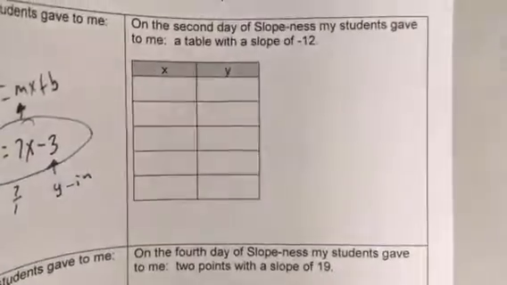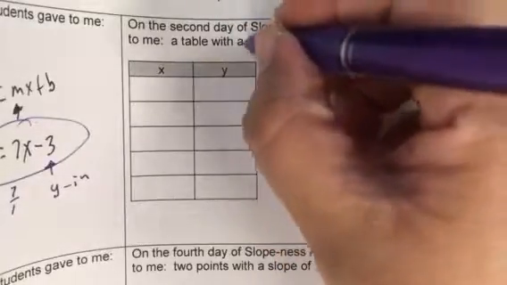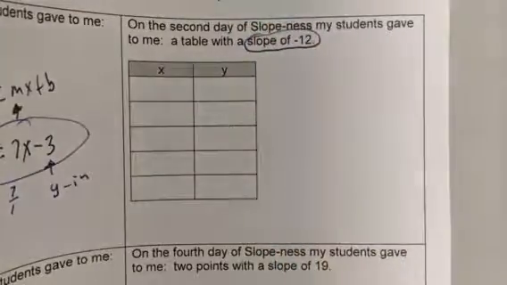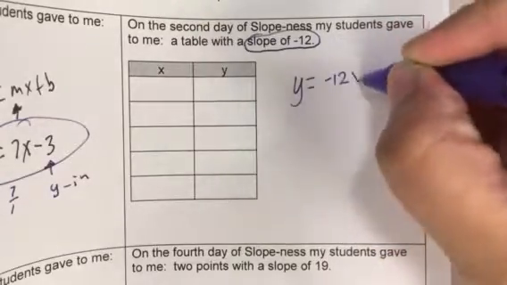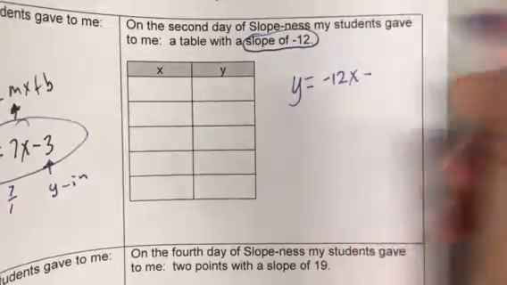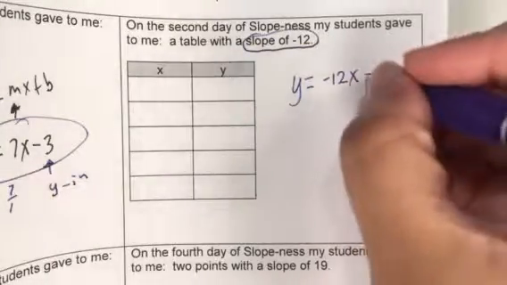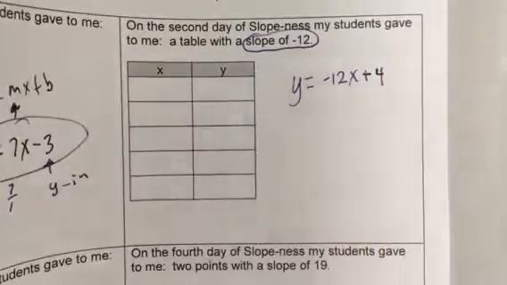Alright. So, on the second day of slopeness, my students gave to me a table with a slope of -12. So I know my slope is -12. Now, pick any number you want. I would pick it in the single digits, maybe like 4, 5, somewhere in there.